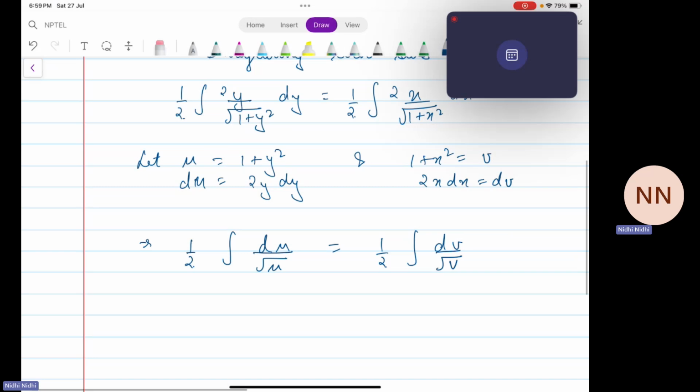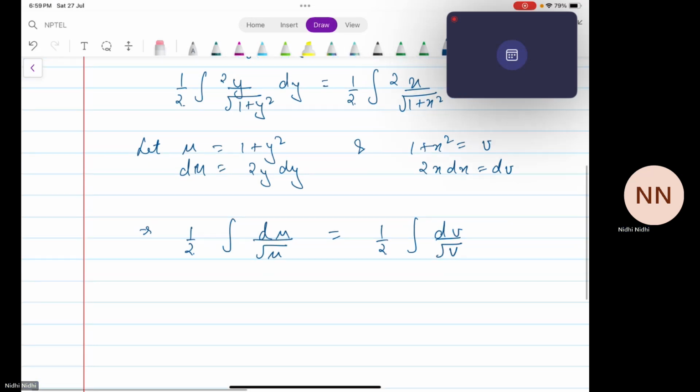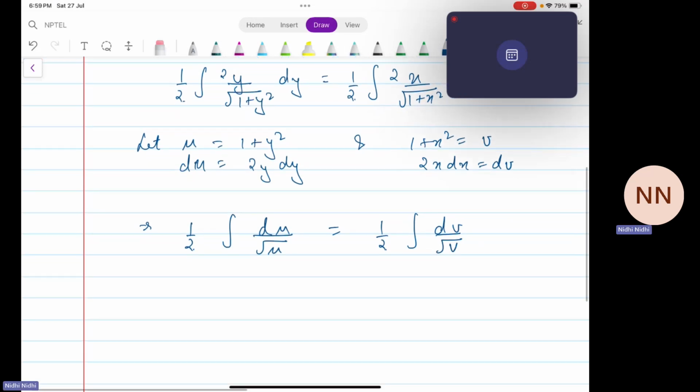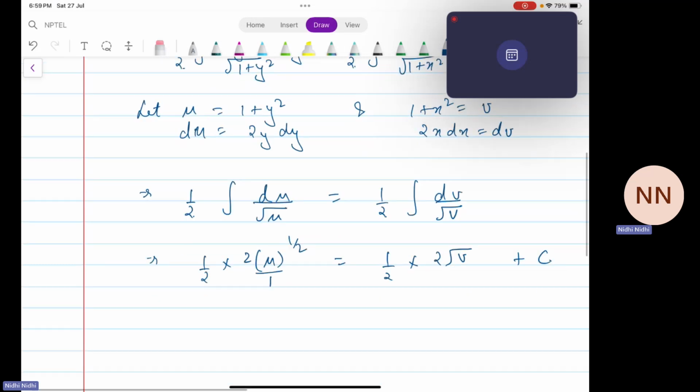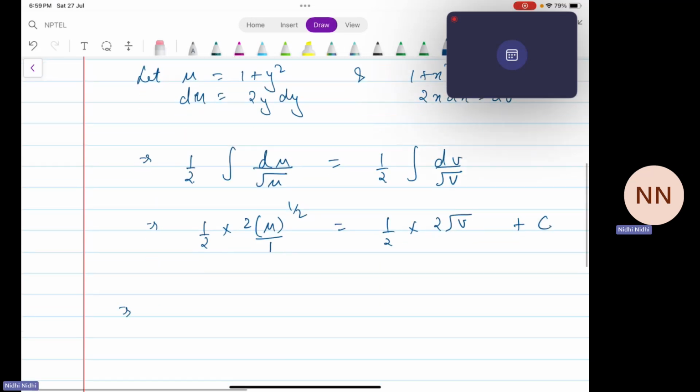Now using the basic integral of some power of u, we get 1 by 2 u to the power 1 by 2 upon 1 by 2, which is equal to 1 by 2 times 2 root v plus some constant c. So this gives us under root u is equal to under root v plus some constant c.